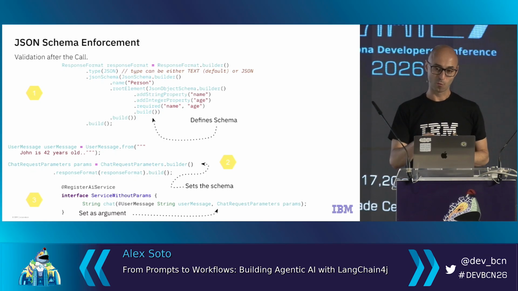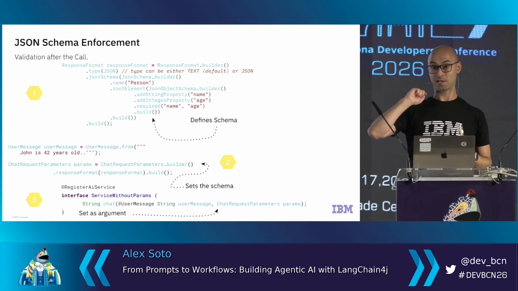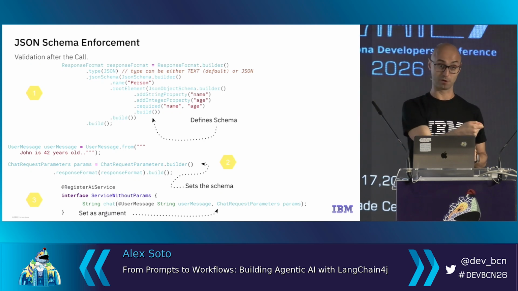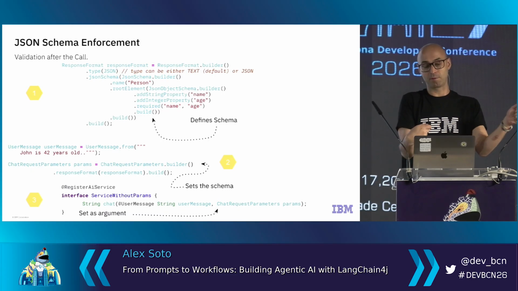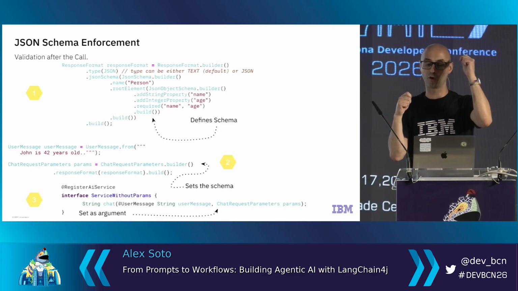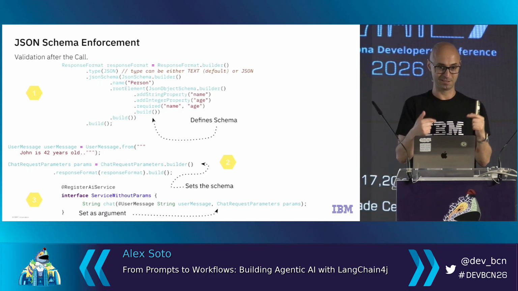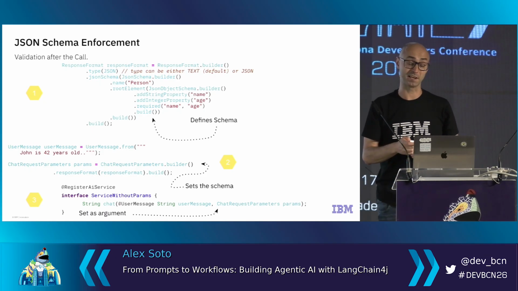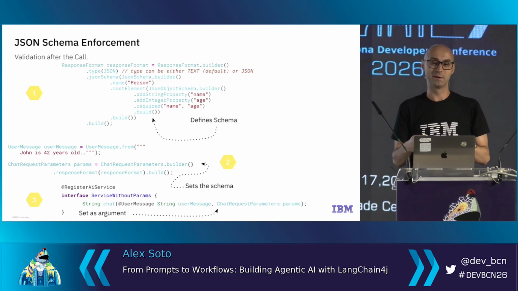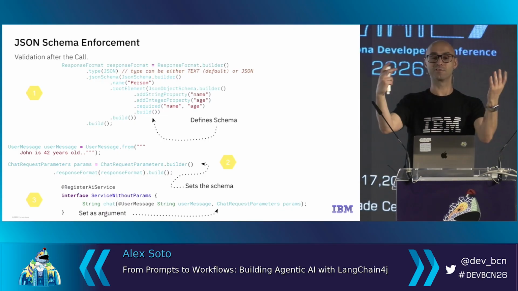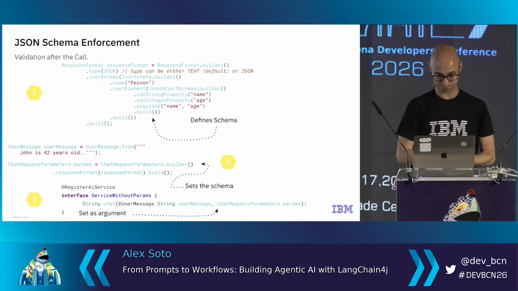In this way, you are sending the request to the model, but you're also saying, hey model, the response is a JSON, because it returns a complex object, and this object needs to follow this schema. So you help the model a lot to not start hallucinating, and you get more predictable results. This is how standard prompting works with LangChain4j.